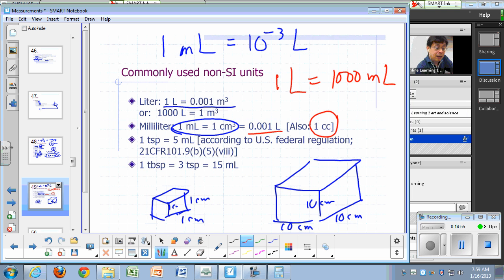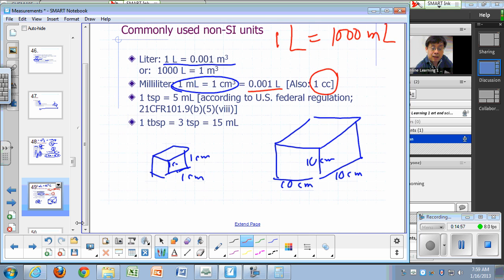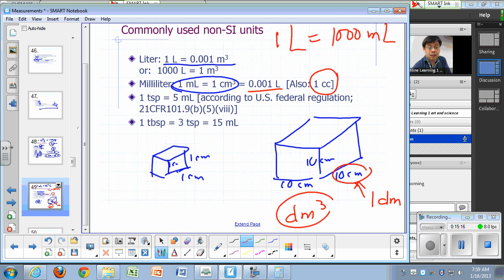Now, a liter is often expressed also as a decimeter cube because 10 centimeters is 1 decimeter. That's a tenth of a meter. A meter is 100 centimeters, so 1/10 of 100 centimeters is 1 decimeter. So a decimeter cube is another unit that you might encounter for liter. Okay, so that's 1 decimeter cube.